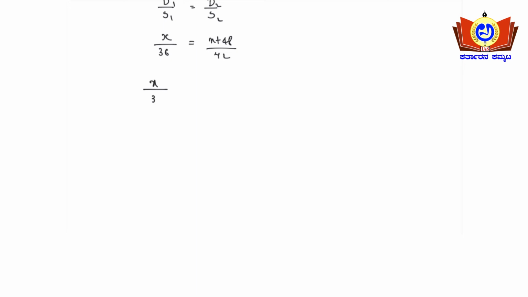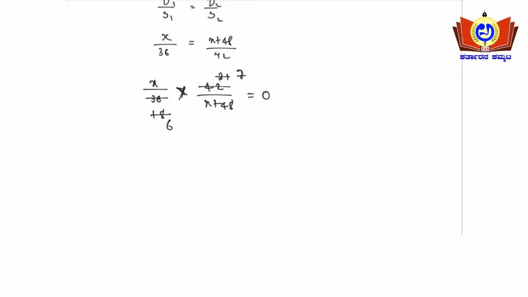X by 36 minus X plus 48 upon 42 equals 0. Taking the LCM, the common factor is 6, so 7 by 6.